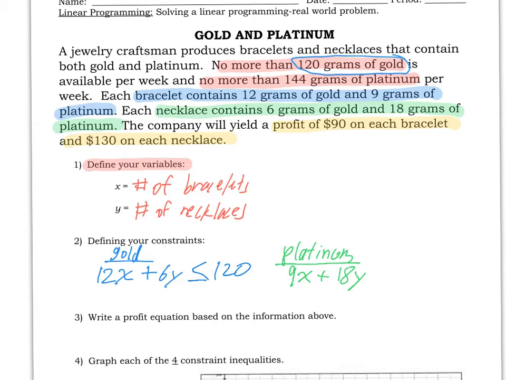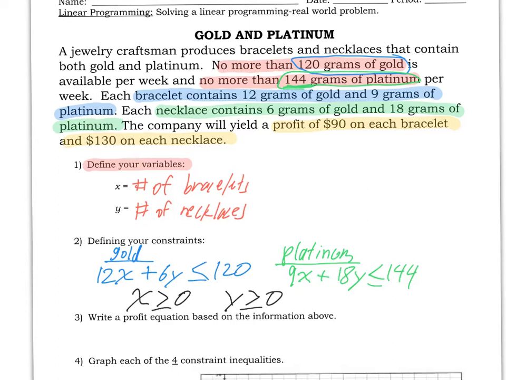That's got to be no more than the 144 grams of platinum, which is our restriction on platinum. So those are our two main constraints. The others you shouldn't forget about are sort of obvious, but they're important. You can't have a negative number of bracelets, so the number of bracelets must be 0 or more, and the same with the number of necklaces.